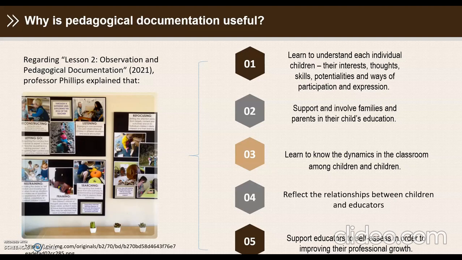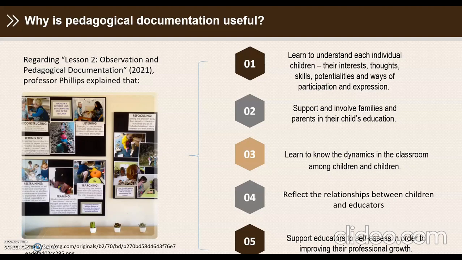Pedagogical documentation also helps us to learn the dynamics in the classroom among children. By documenting group processes and play, educators learn from children and how they work and think together. It also reflects the relationships between children and educators.